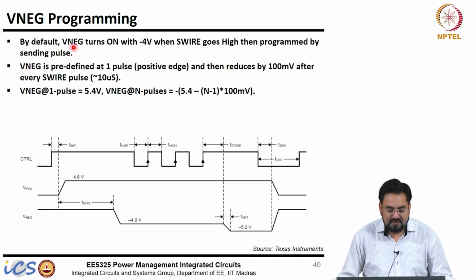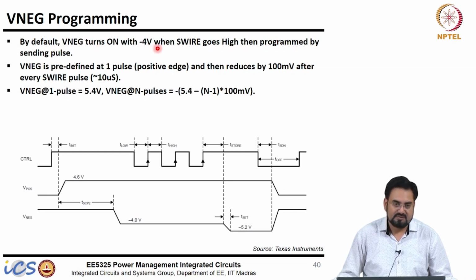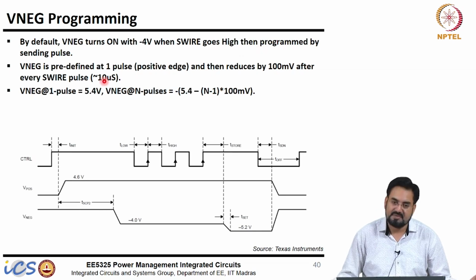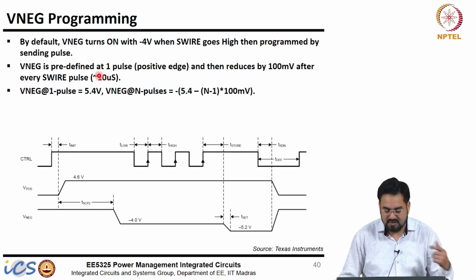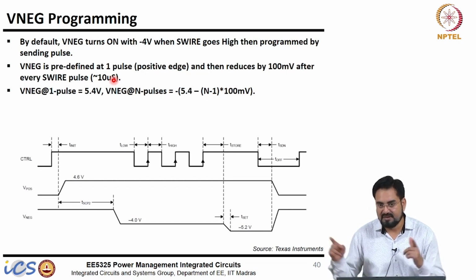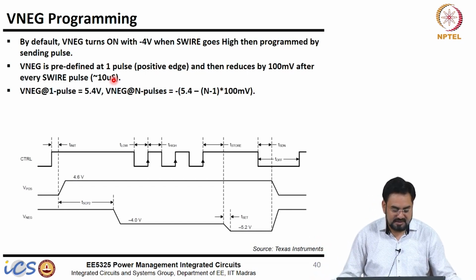So by default, VNAC turns on with minus 4 volt, as I mentioned earlier, when S wire goes high, and then it is programmed by sending those pulses where you count the positive edges of each pulse. VNAC is predefined at 1 pulse positive edge and then reduces by 100 millivolts. So one pulse is internally programmed. By default we know it will go to minus 4 volt, and there is one more thing.